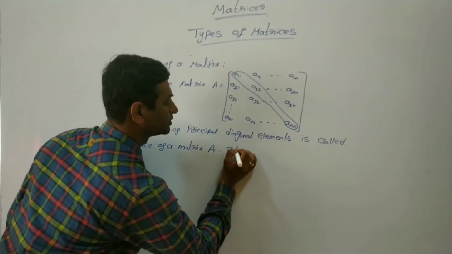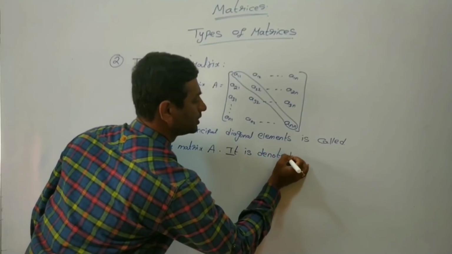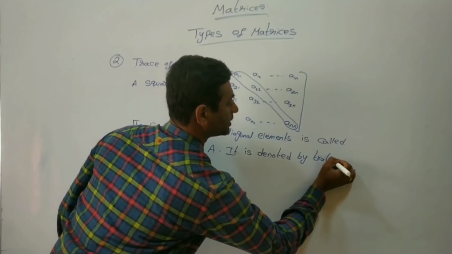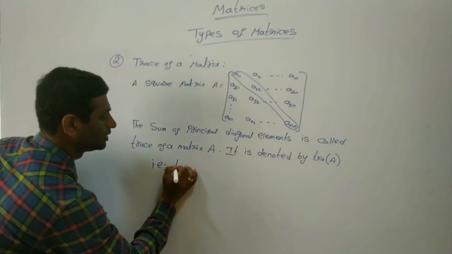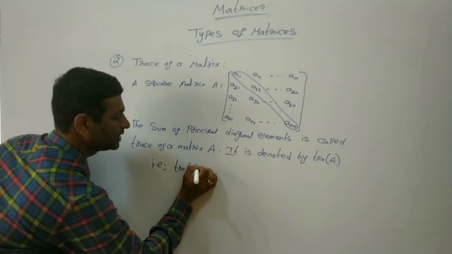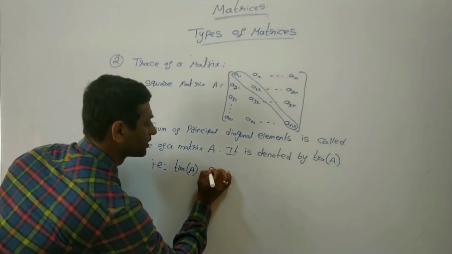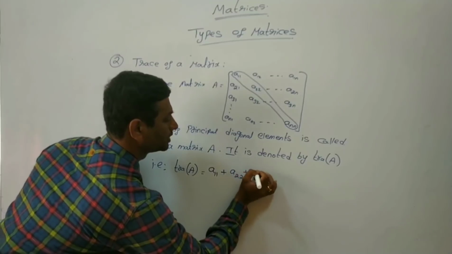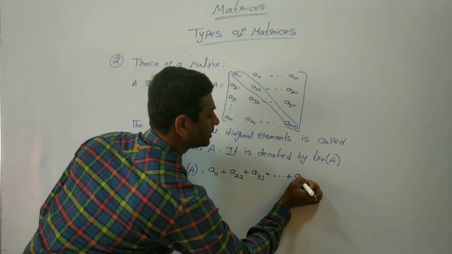It is denoted by trace of capital A. That is, trace of capital A is the sum of the diagonal elements A11 plus A22 plus A33 plus so on plus Ann.